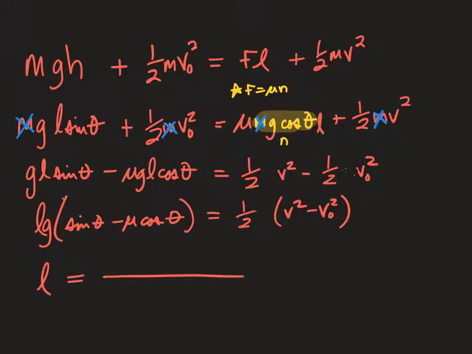You guys got to keep me honest here. I just have a habit of putting that m next to my v squareds all the time. All right, so difference of speed squared over 2g times this trig business.